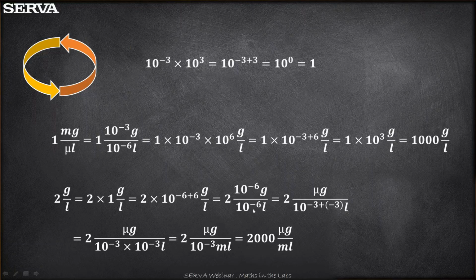So from the 10 to the minus 6, you can describe this as 10 to the minus 3 plus minus 3, so always be aware of the minus and plus signs here.